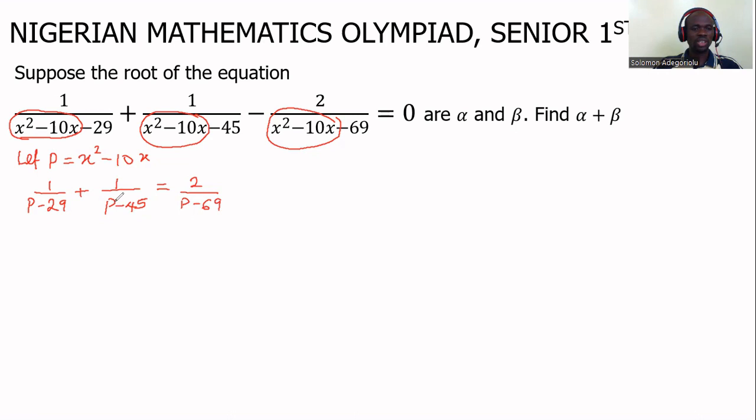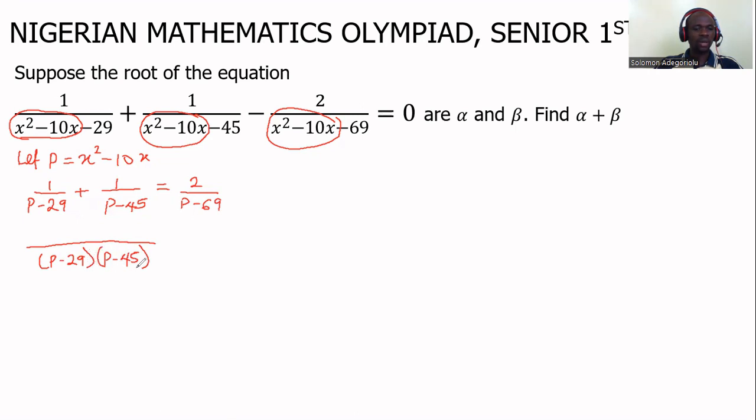Let's find the LCM of the left-hand side. The LCM is going to give us P minus 29 into brackets P minus 45. Taking the LCM to be P minus 29, P minus 45: P minus 29 in this LCM, is it in this denominator?